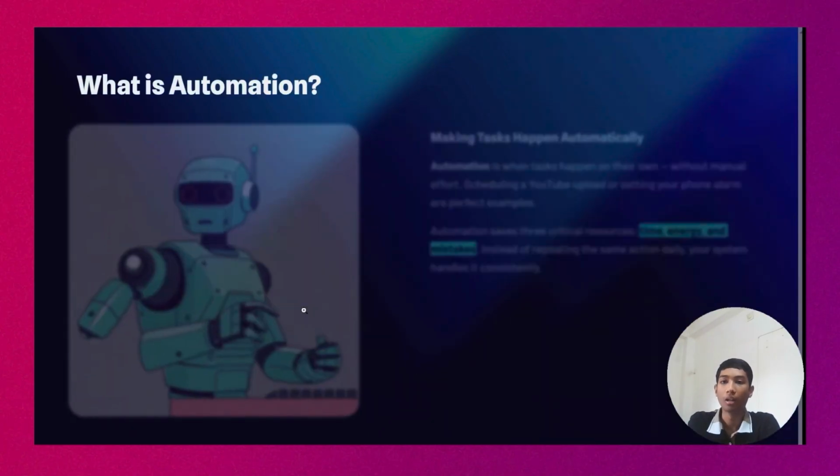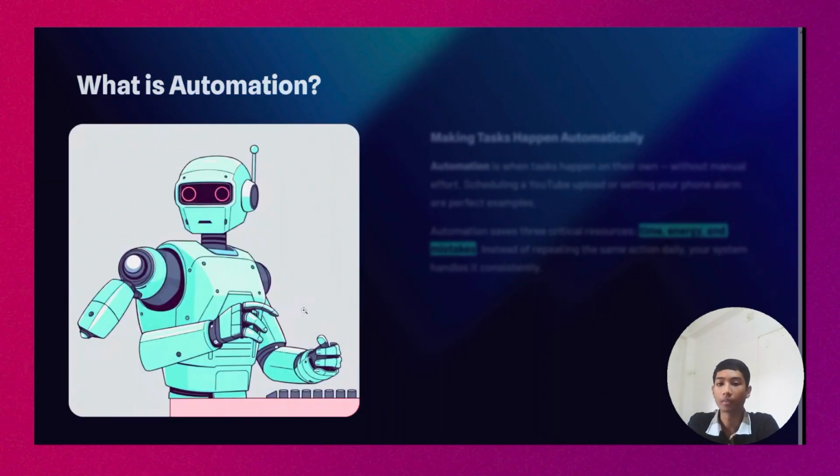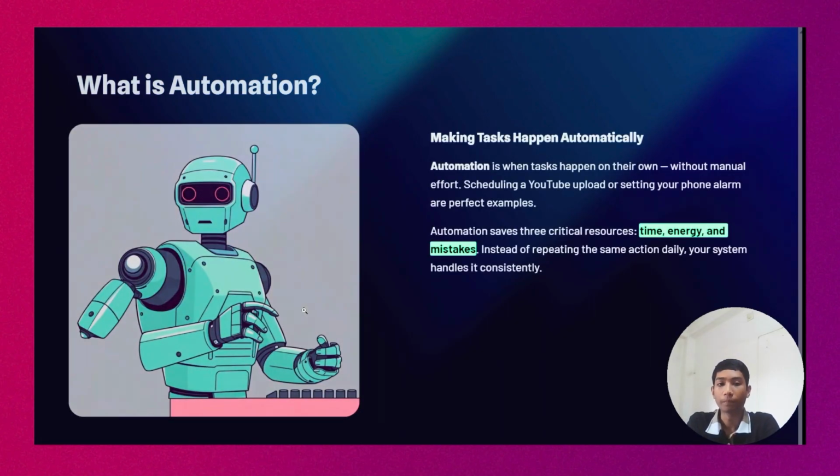Okay, let's see what is automation. There is a simple difference between automation and AI. Actually, it's making tasks happen automatically. Automation is when tasks happen on their own without manual effort. Very simple.